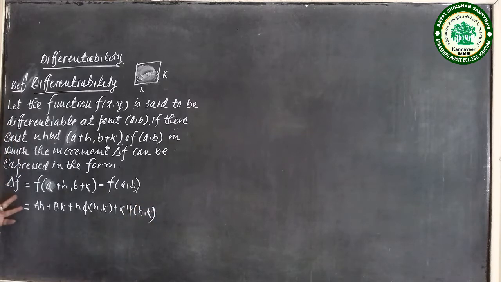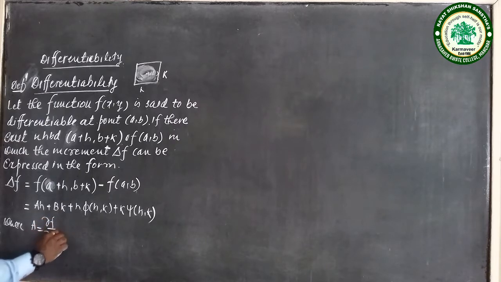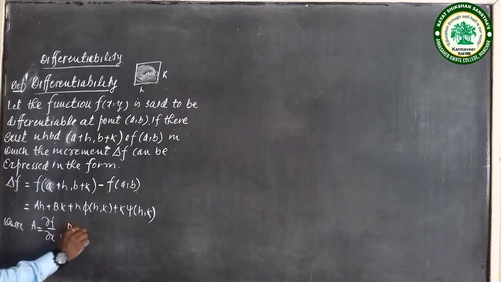What is this A? A is the partial derivative of the function with respect to x, and B is the partial derivative with respect to y at the point (a, b). Therefore, A is equal to del f by del x, and B is del f by del y.